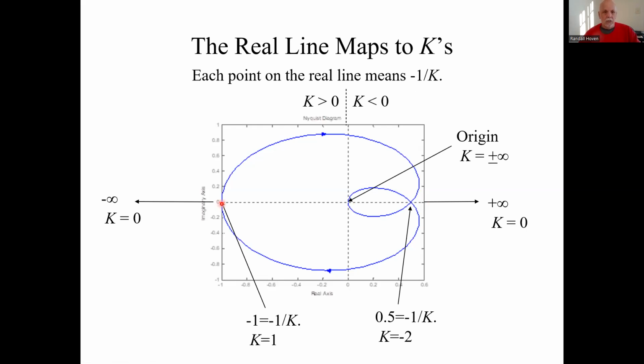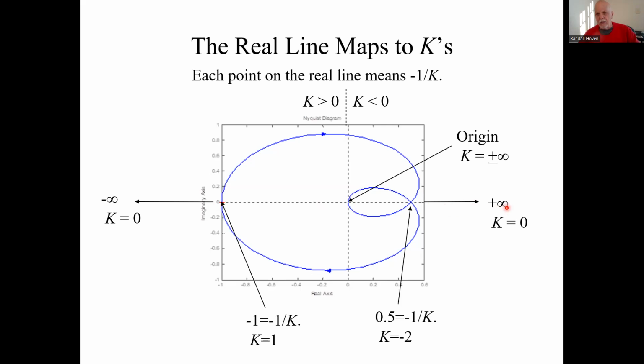So take a particular point on the real line, say this -1. That means -1 equals -1 over k, so k equals 1. Take this point, it looks like 0.5 on the real line. That means 0.5 equals -1 over k. Solve that little equation, k equals -2. So here, k equals -2.